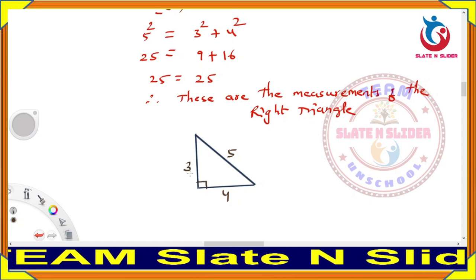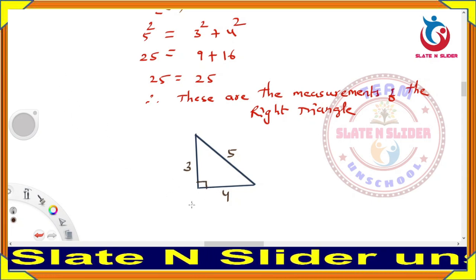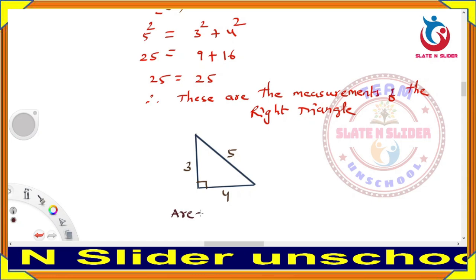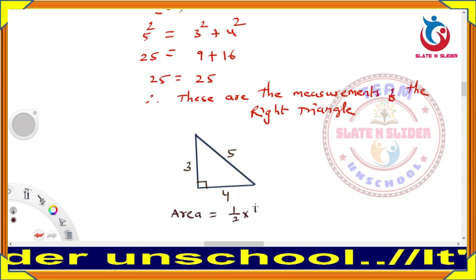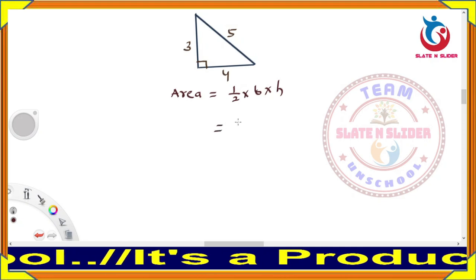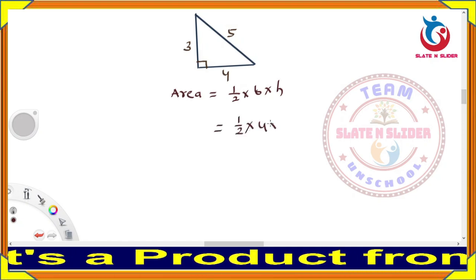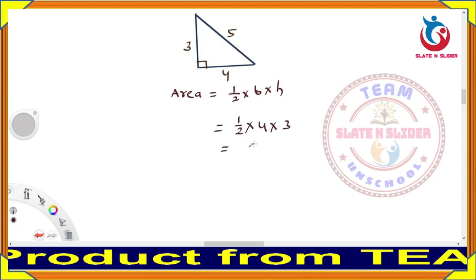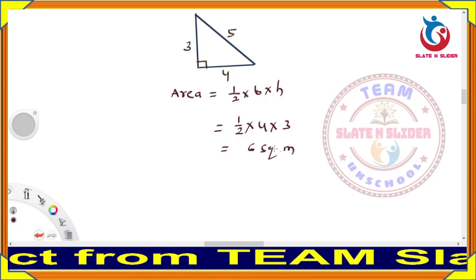So this is a right triangle. So we can find the area of the triangle, that is area is equal to 1 by 2 into base into height. So half into base 4 into height 3. So by simplification we get 6 square centimeters.